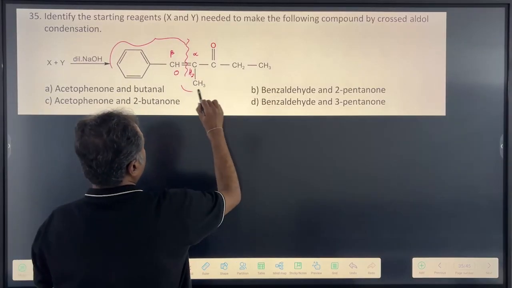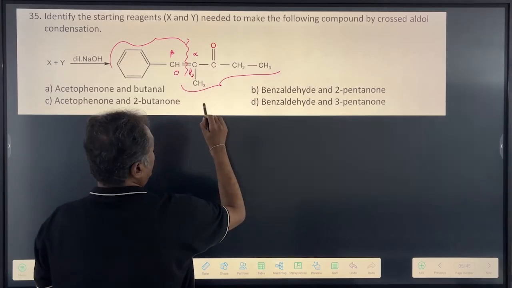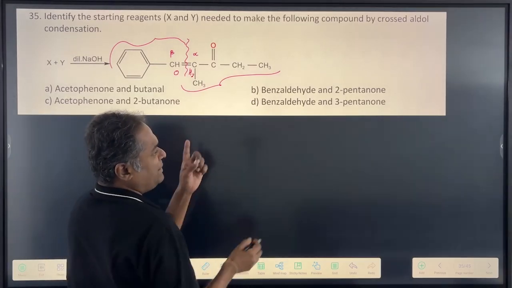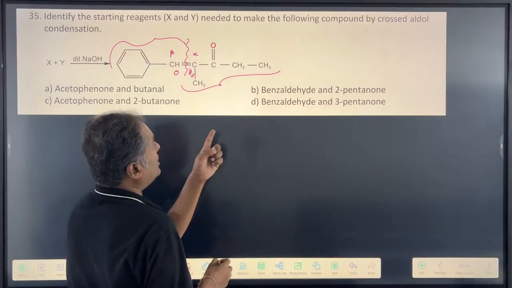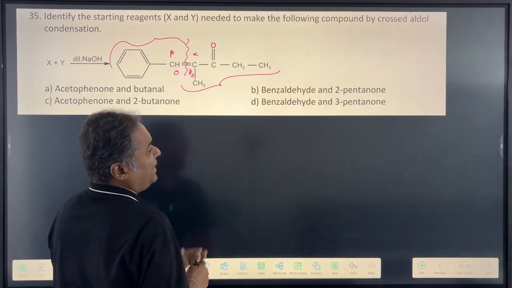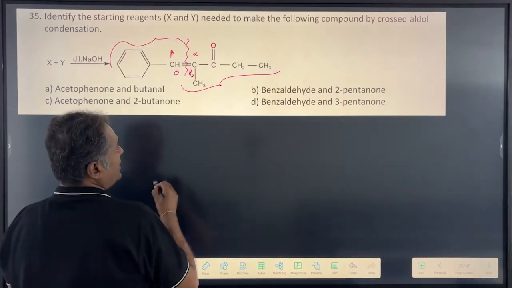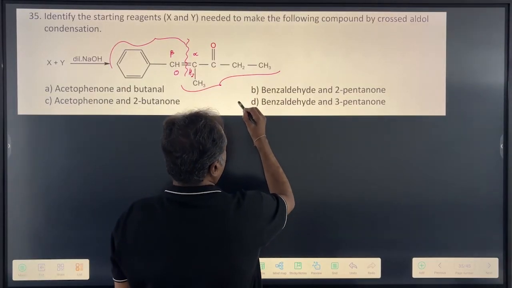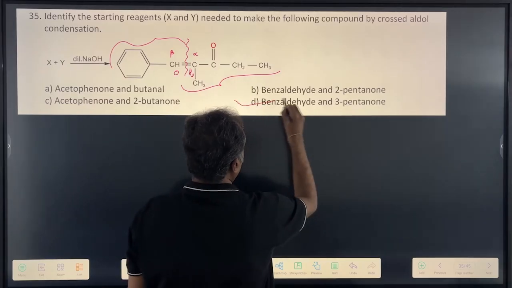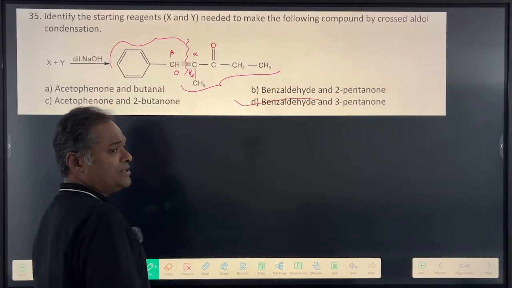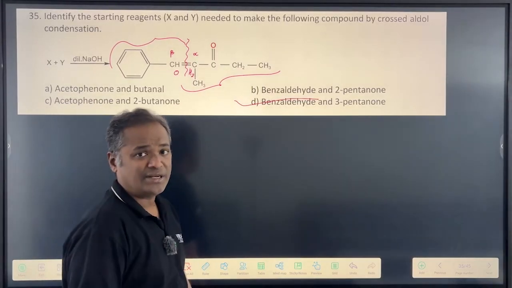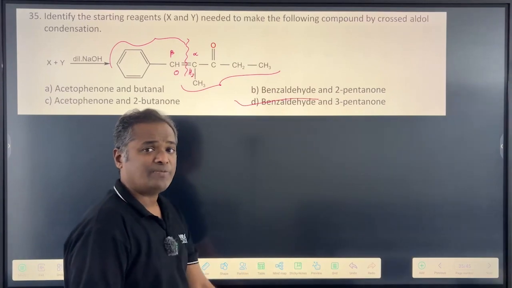And this molecule is a ketone where you have ethyl on both sides and the ketone in between. So can I call it benzaldehyde plus pentan-3-one? So the correct answer is benzaldehyde with pentan-3-one. The correct answer is D. Is it done? Let's proceed with the next part, kids.